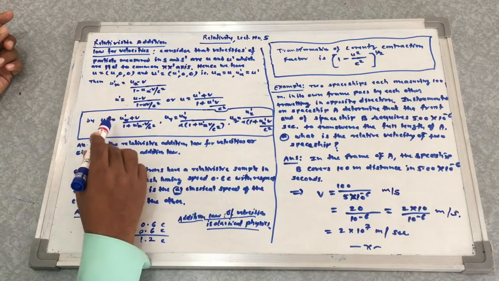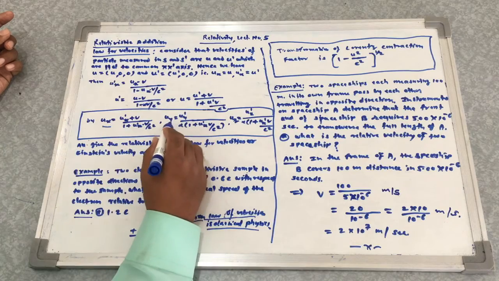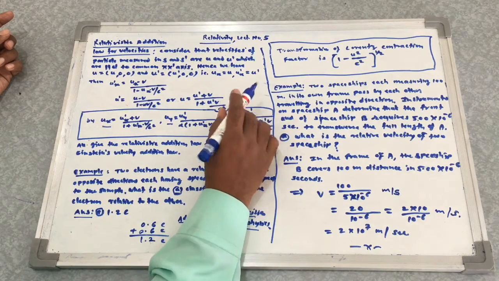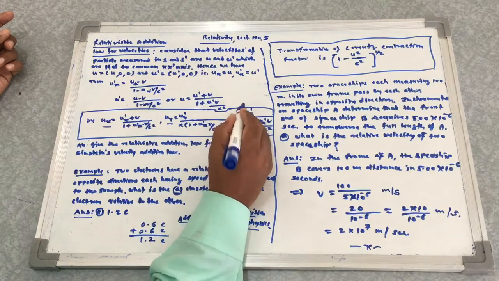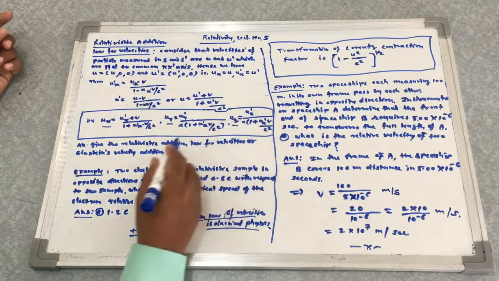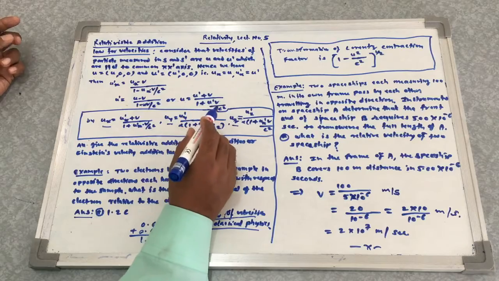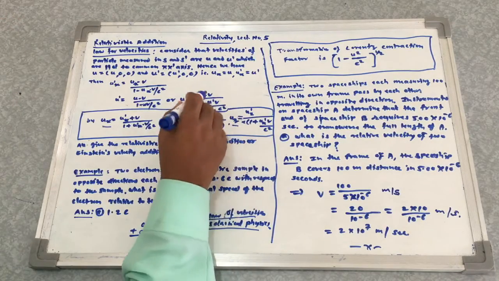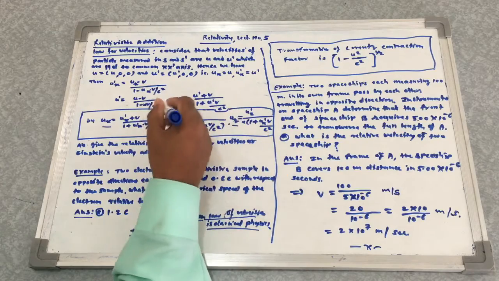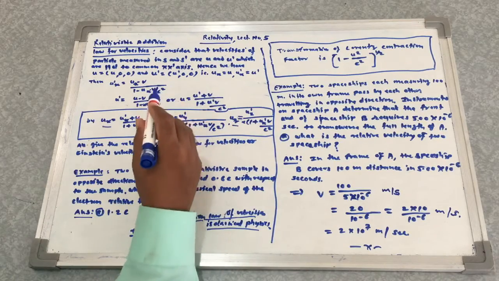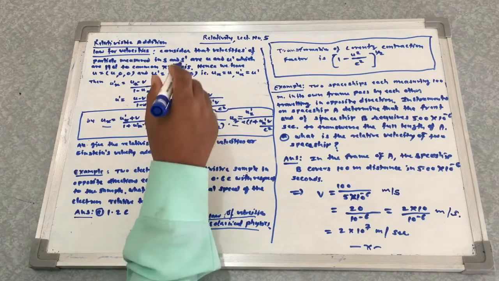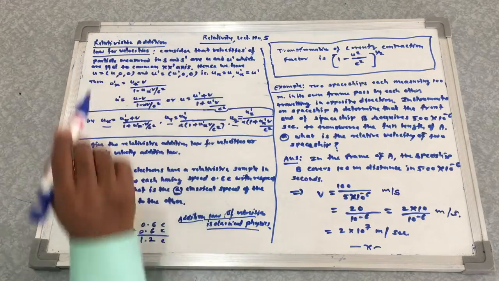So this is U suffix x, this is U suffix y, and this is U suffix z. Hence we have the relativity addition law for velocities, called the Einstein velocity addition law. We just have to know this.